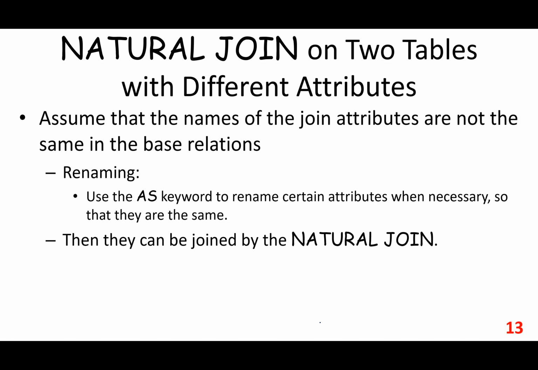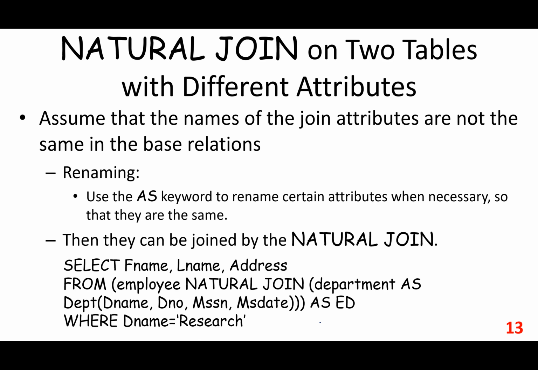All right, so look at this example, the renaming part. For department, if we use the original name, then we cannot do the natural join. So we rename the department number: we use Dno to rename the older name, Dnumber. New name, Dno. After renaming, you can see this attribute name is the same as the one in the employee table, also Dno.